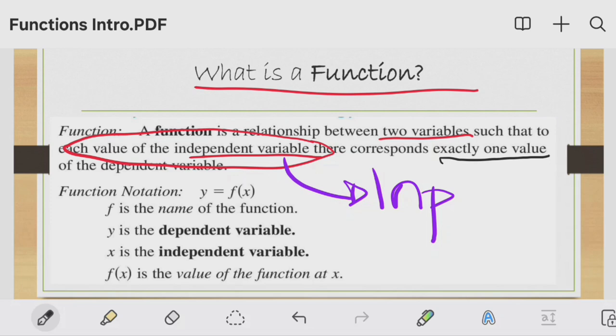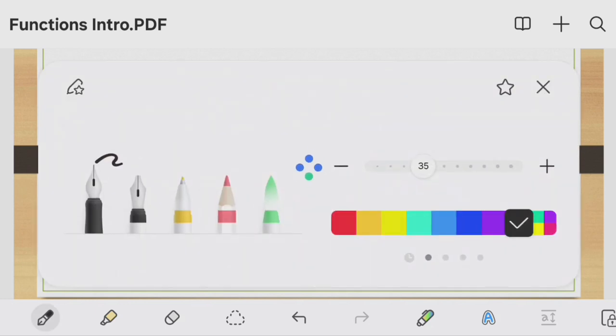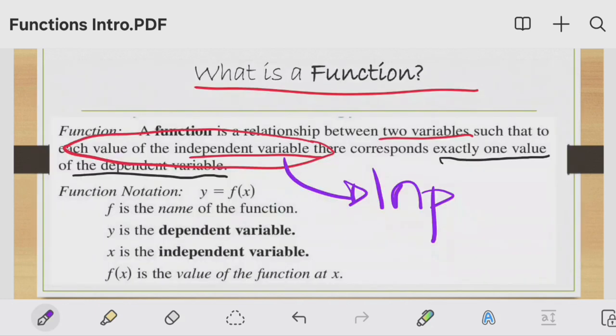We will explore later what we mean by saying there corresponds exactly one value of the dependent variable. Remember, by the dependent variable, we know now that we are talking about our output values, which will give us our range if we were to be concerned with that.